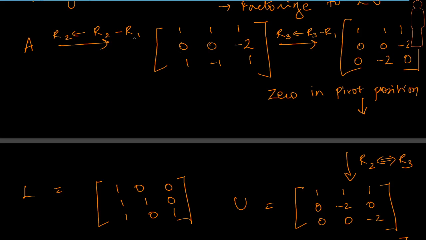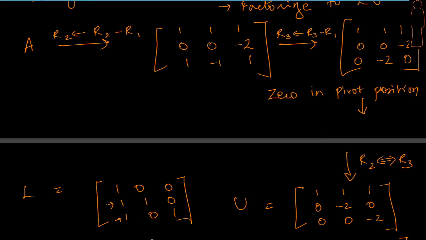For 2 1, the multiplier is a 1, right? Remember, this is a 1 here multiplying with R1. So that 1 I place it here. Okay. In the next, for 3 1, the multiplier was again 1 here, and therefore that I place it here. Okay. After that, we did not have any operation to eliminate the 3 2 because it became 0, and therefore I put a 0 here, right?